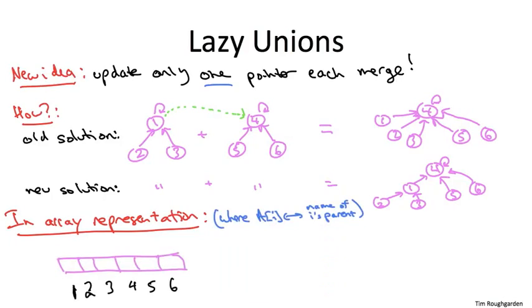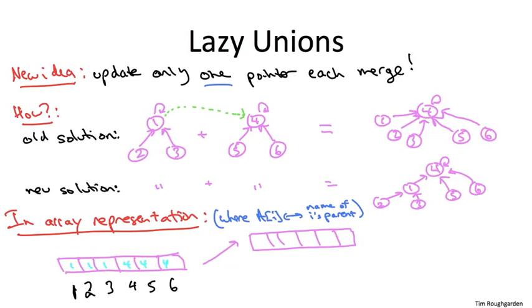For instance, if we reframe this exact same example in array representation, before we do the union, what do we got? Well, objects 1, 2, and 3 all have parent 1. Objects 4, 5, and 6 all have parent 4. So in the array, we'd have a 1 in the first 3 entries and a 4 in the second 3 entries. So in the old solution, we have to update the parent pointers of objects 1, 2, and 3.